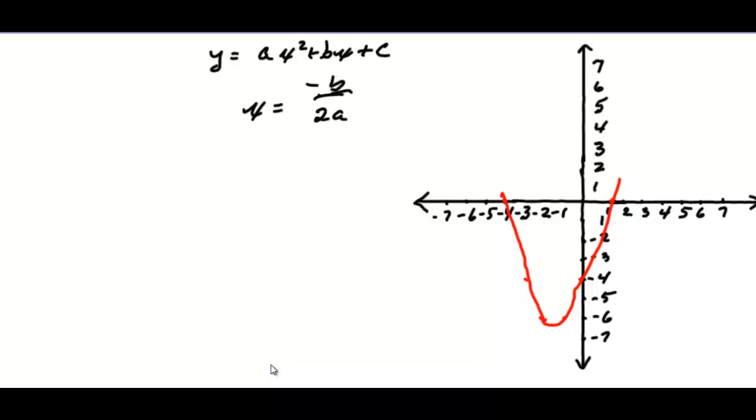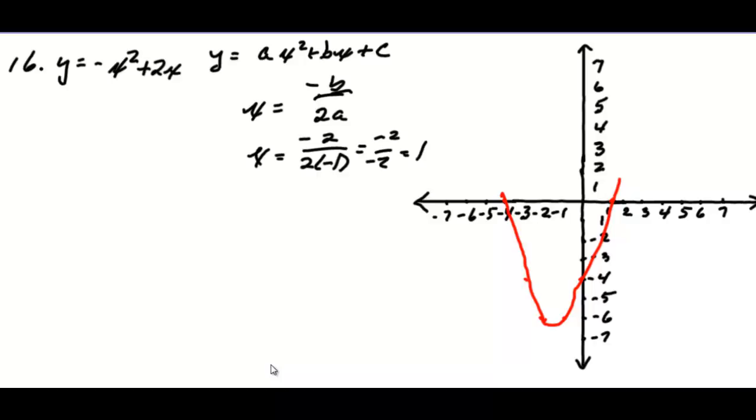If we look at number 16, y equals negative x squared plus 2x. And so plugging that in, x equals minus 2 over 2 times minus 1. This equals negative 2 over negative 2, and that is 1.